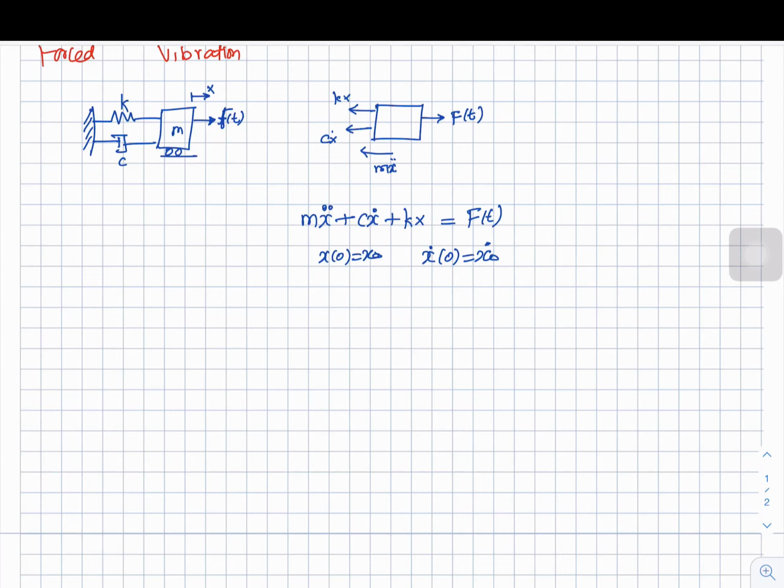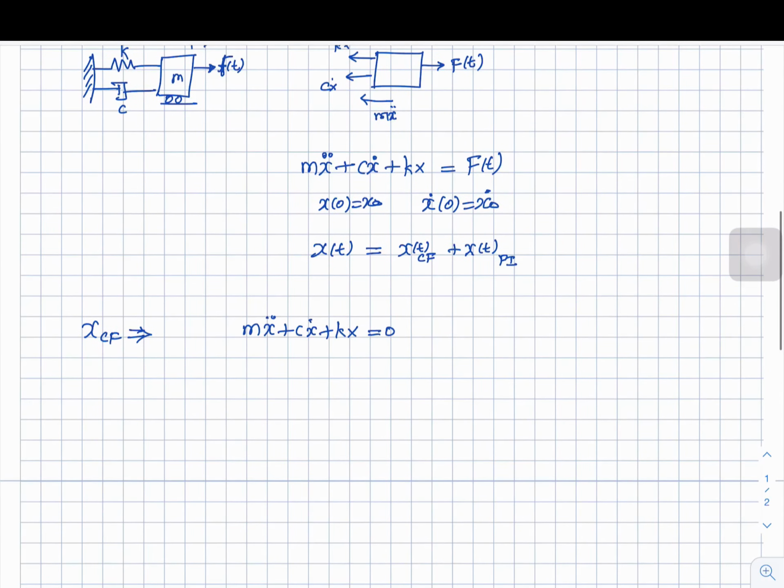Since this is a non-homogeneous equation, the solution will be of this form: we need to find the complementary function and the particular integral. The complementary function is the solution of the homogeneous equation, so we will find x_cf first. To find it, we consider the homogeneous equation with kx equal to 0, which we have solved previously.